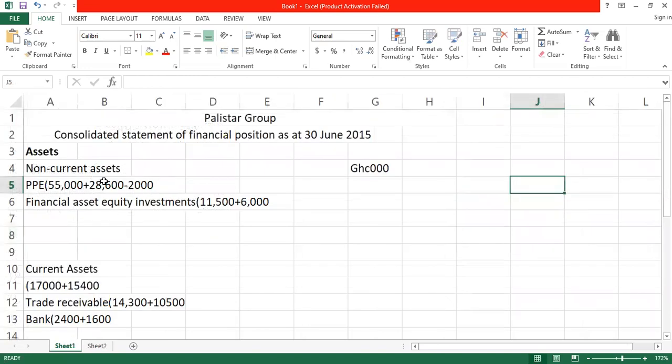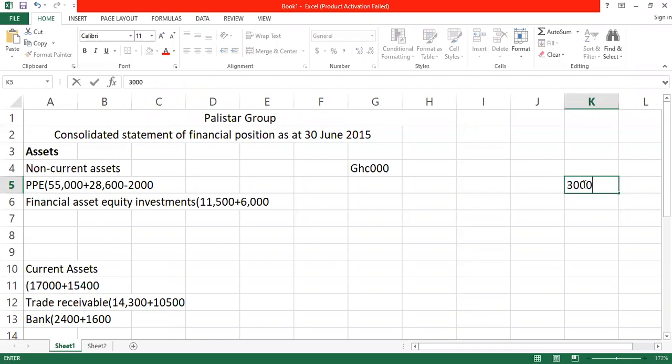It's not easy. Okay. What do we do to the PPE? We subtracted 2,000 to bring the value now to 3,000, isn't it? Assuming it was 5,000. Was that not what we did? Yes. Okay. But initially it was 5,000 and they are subtracting a depreciation of 1,250, isn't it?